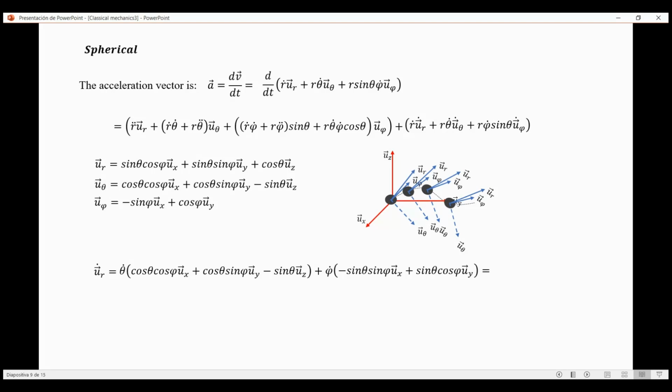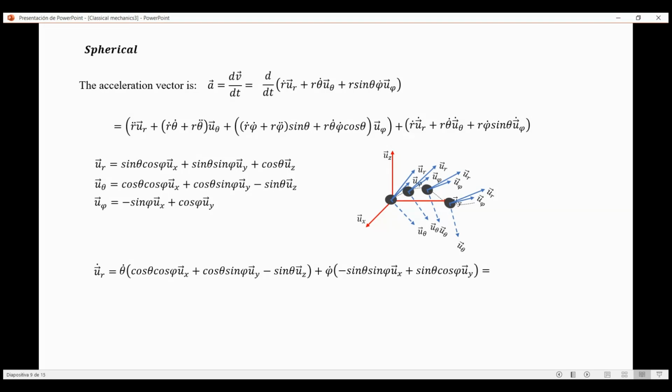This is the derivative in time of ur: it would be theta dot times cosine of theta cosine of phi ux plus cosine of theta sine of phi uy minus sine of theta uz. And now plus the derivative with phi, that would be minus sine of theta sine of phi ux plus sine of theta cosine of phi uy multiplied by phi dot.